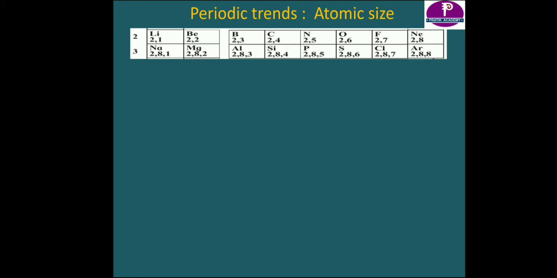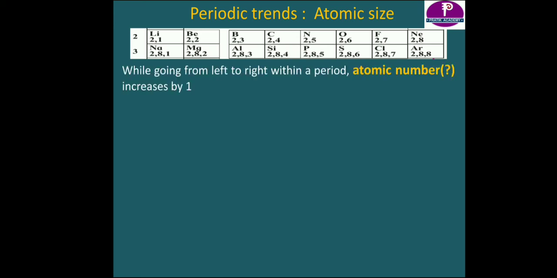Sodium has one valence electron, magnesium has two, silicon has 4, chlorine has 7 valence electrons. The number of valence electrons increases from left to right, and the atomic number is also increasing.